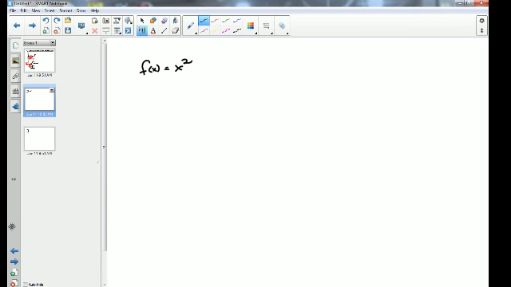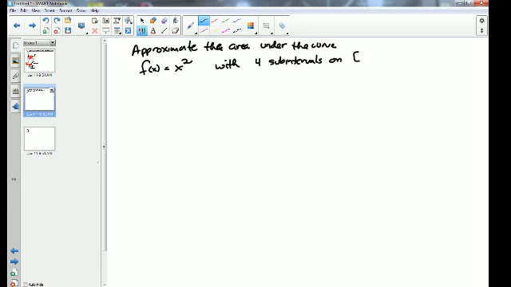So it might say approximate the area under the curve f of x equals x squared with 4 subintervals on, we'll make it easy on this one, 0 to 4.